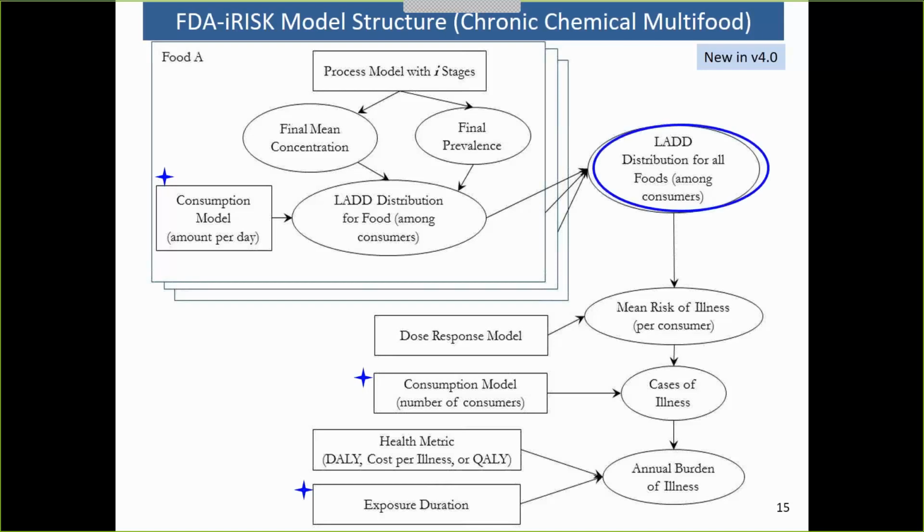An LADD distribution is calculated for all the selected foods before the dose-response model is applied to calculate the risk of illness. The different underlying structures are what enable users to develop risk scenarios for different types of hazards, different types of exposure, and different food hazard combinations.